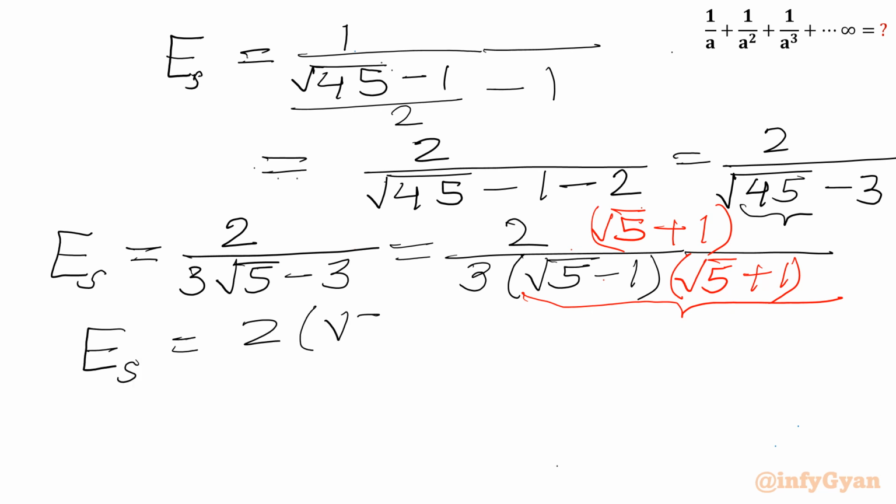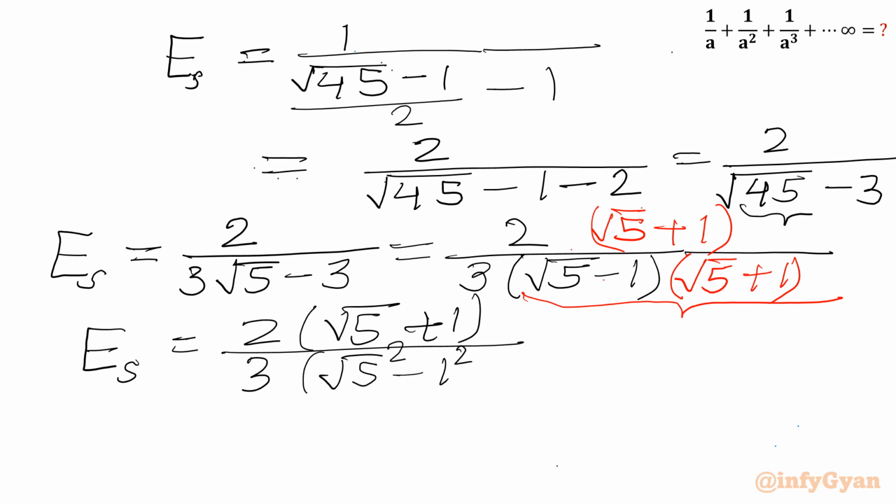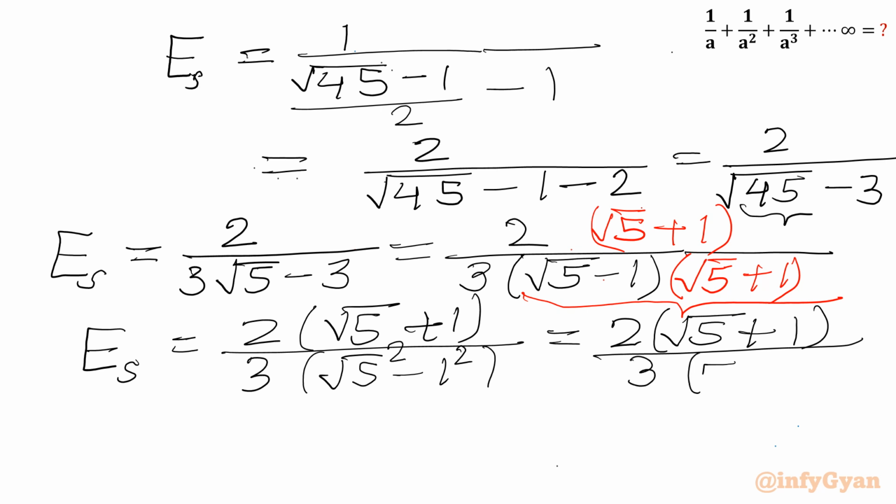So I can write 2 times root 5 plus 1 over 3 times root 5 square minus 1 square. So 2 times root 5 plus 1 over 3 times 5 minus 1.